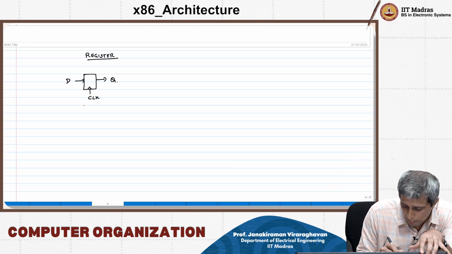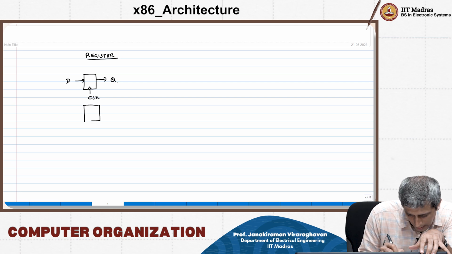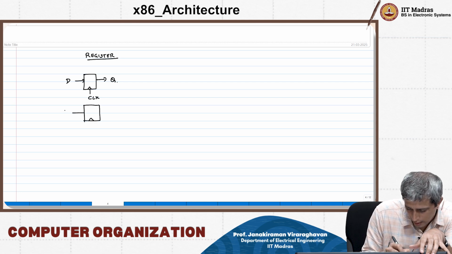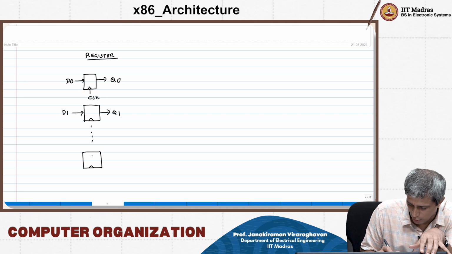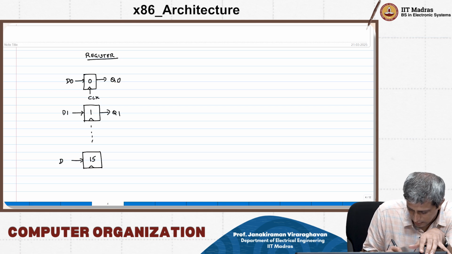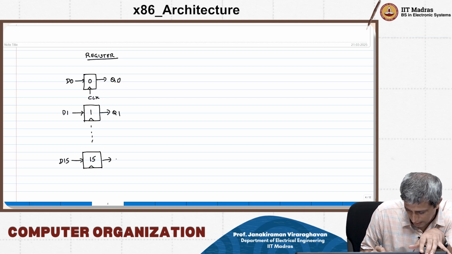Now you just take a bunch of such flip-flops and put them together, right? D0, Q0, D1, Q1. For example, if I want a 16-bit register, I just need to put 0, 1 all the way to 15. So I'll give D15, I'll get Q15 out of this.